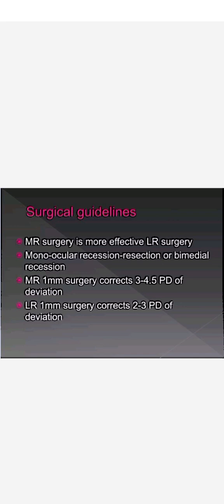Monocular recession and resection. Each 1 mm of medial rectus surgery corrects 3 to 3.5 prism diopters of deviation; lateral rectus 1 mm surgery corrects 2 to 3 prism diopters.